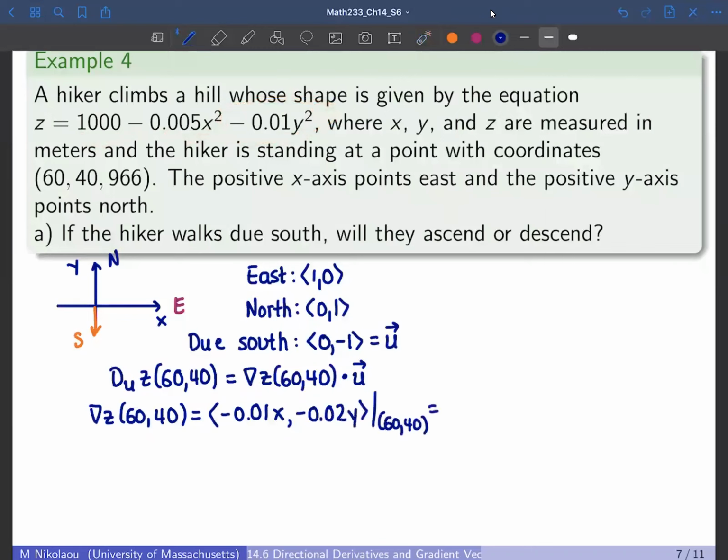So that gives us -0.01 times 60, comma, -0.02 times 40. So the gradient vector has components -0.6, comma, -0.8.